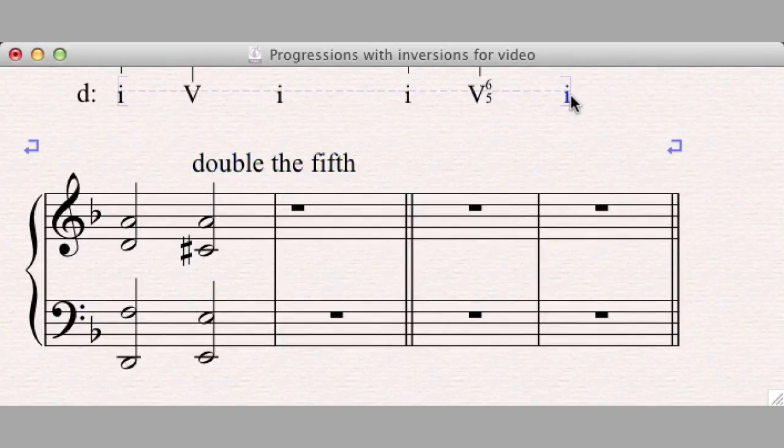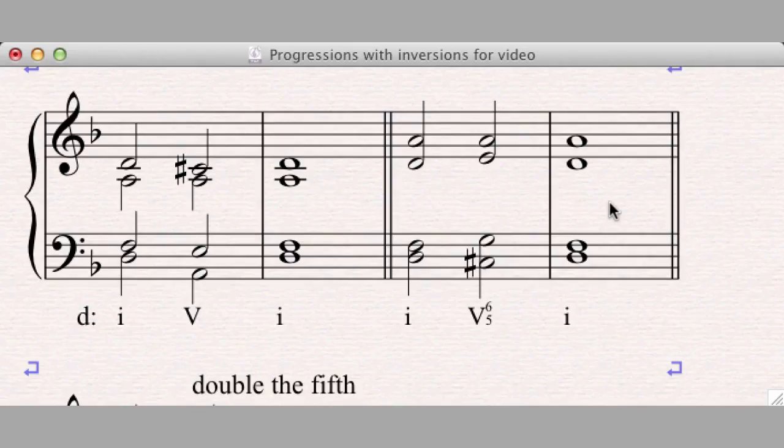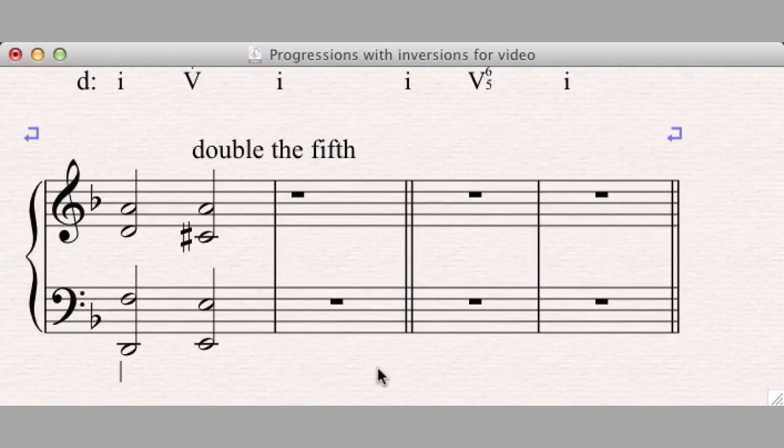And let me put in the Roman numeral analysis. 1, I'm writing it as 5, 6/4. And the thing that usually happens here is 1 goes to 5, oops, that's minor, that shouldn't be the case, 5, 6/4.